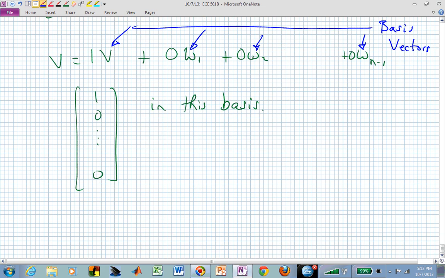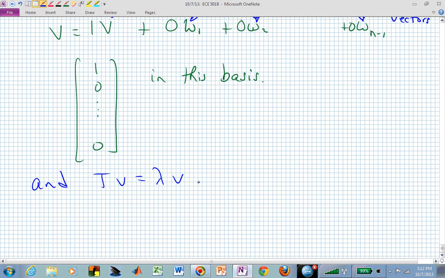And we know that we had TV is equal to lambda V, for V is an eigenvector.